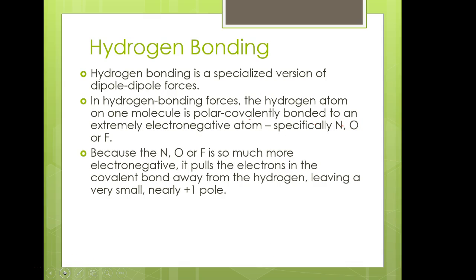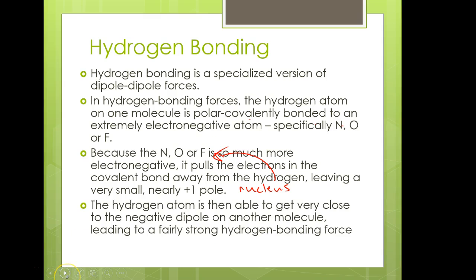N, O, and F pull the electrons away from the hydrogen, and basically what you have is the nucleus, because hydrogen only has one electron. If it gives that one electron to these guys, all you have left is a nucleus. It's really, really small. And because it's really small, it can get very close to the negative end of another molecule. And again, this is Coulomb's law. The closer they are together, the stronger that attractive force is.